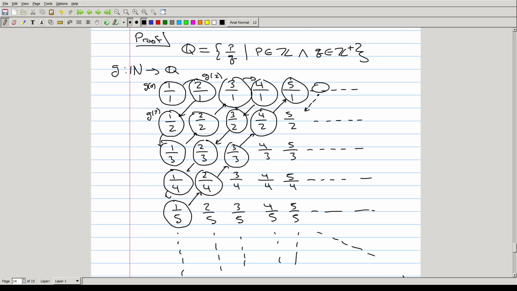To show that the set of all real numbers is uncountable, we have to do a little bit more work.